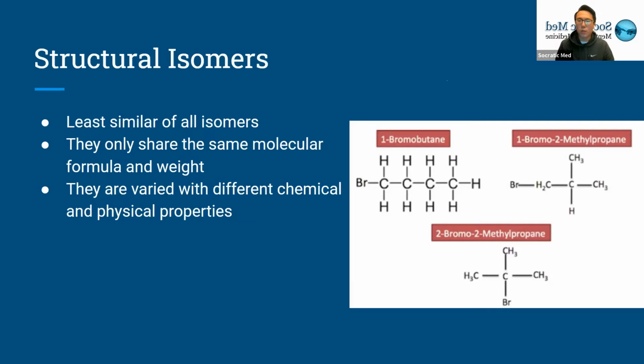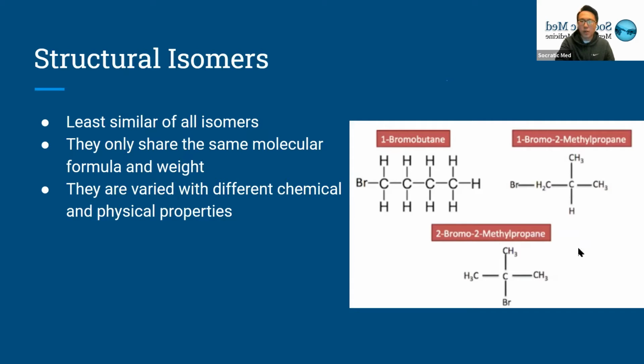So when writing their formula, they'll look the same, they'll have the same molecular weight, but when drawing them out or writing their IUPAC name, they'll have major differences. As you can see on this right side, these three molecules all have the same chemical formula and molecular weight because they're made up of the same elements and the same amount of each element.